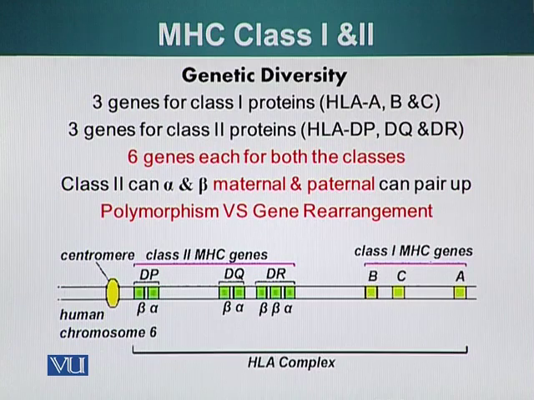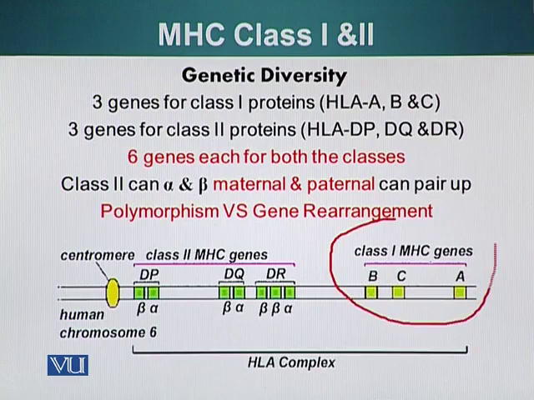First of all, I have to tell you the number of genes. There are 3 genes for MHC class 1 molecules, A, B, and C, which are shown right here, and also 3 for the MHC class 2 molecules, DP, DQ, and DR. These genes are present on human chromosome number 6.